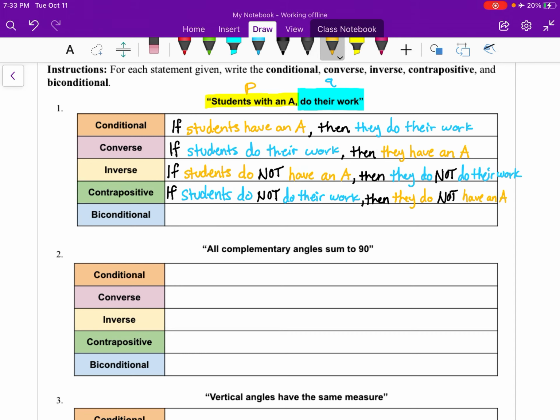And finally, let's talk about the biconditional. The biconditional is basically just our original statement, but we add the words if and only if. So the biconditional should say, students have an A if and only if they do their work.